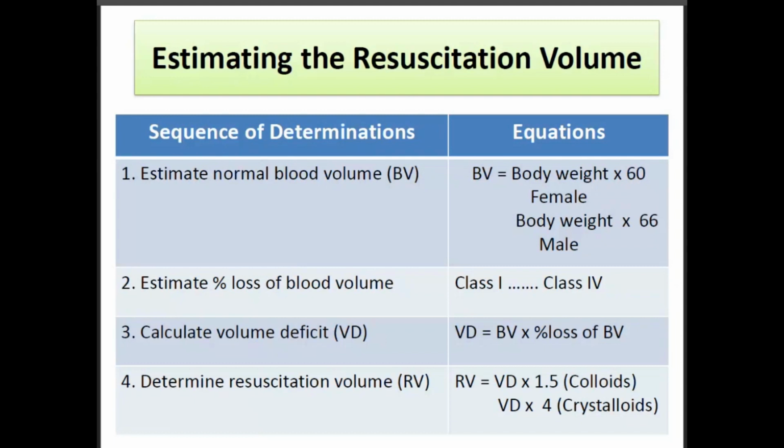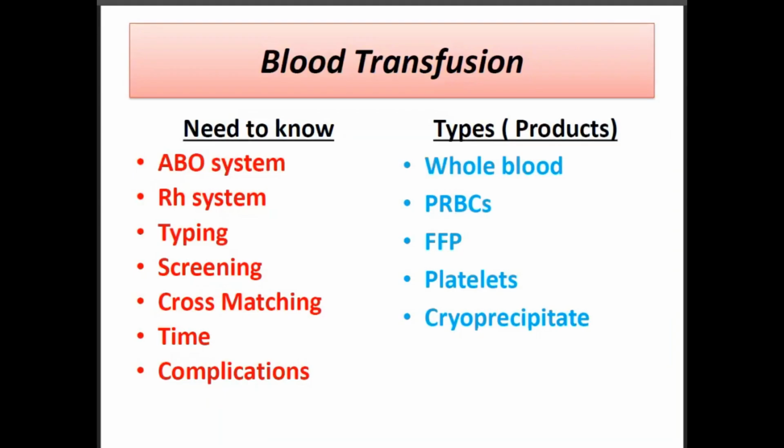The deficit is the blood volume times the percentage of what you lost, and then you can replace it with colloid or crystalloids. So if you want to replace it with colloids, you multiply by 1.5. If you want to replace it with crystalloids, you multiply by 4. And I think it's reverse, you have to revise it. I think with crystalloids you can give a lot, but with colloid you can give little. Okay.